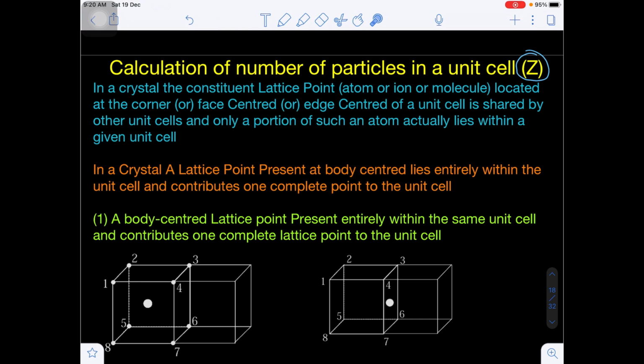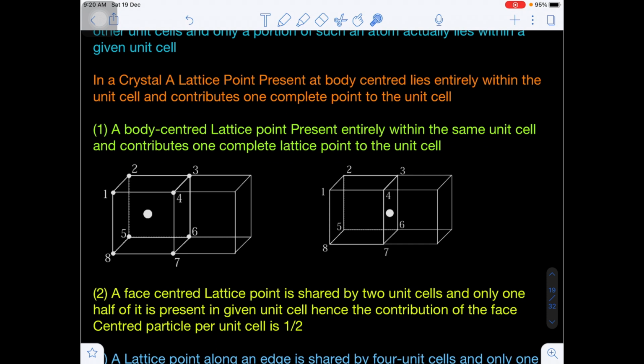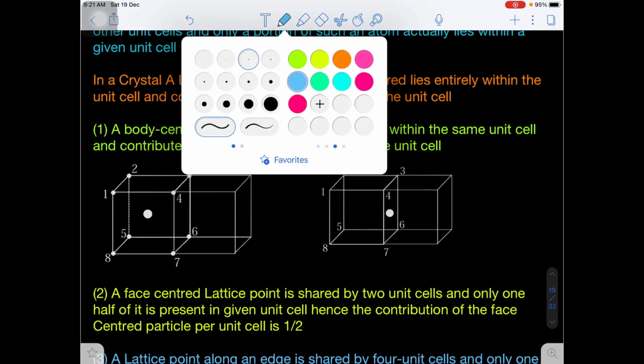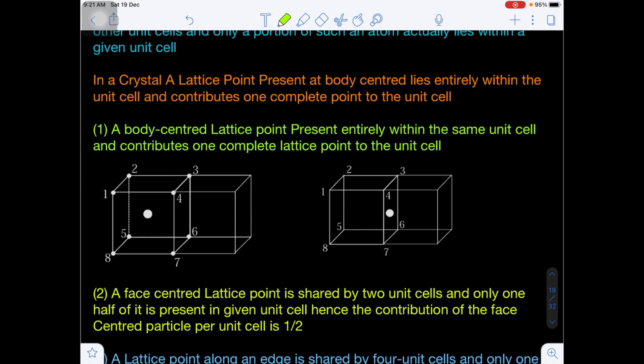To understand this, let's suppose we are discussing the first location of a lattice point, at the body center. If the lattice point, that may be an atom, ion or molecule, is present at the center of the body, it is entirely present within the same unit cell and contributes one complete lattice point to the unit cell. Here, if you see this point, this is the lattice point corresponding to the body center.